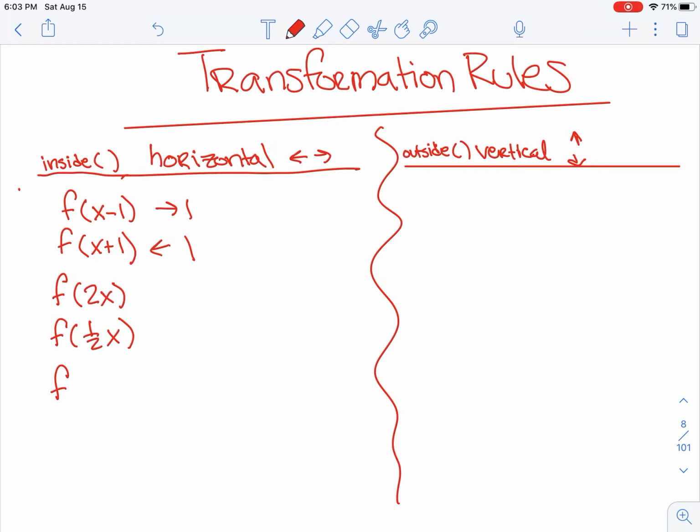And then our last thing that we can do horizontally is we can flip. This flips over the y-axis, which causes it to flip left and right. The mathematical word for this is called a reflection.